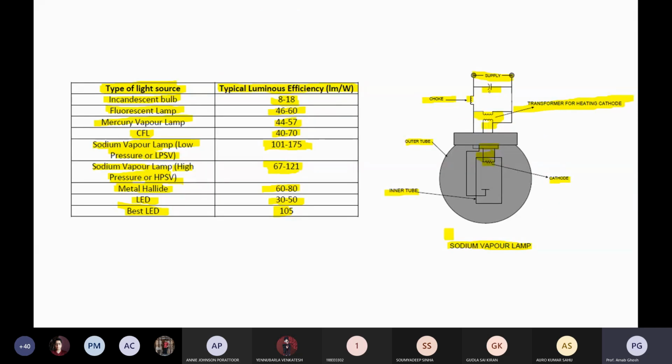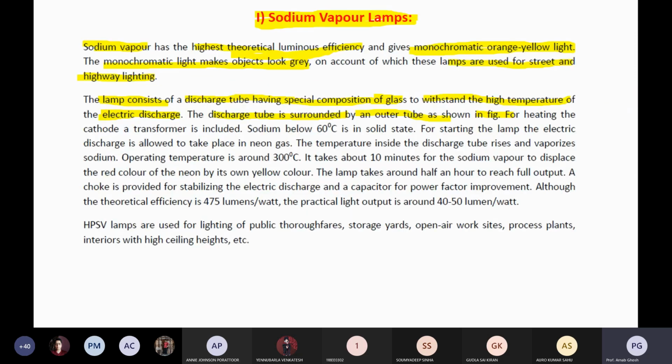For heating the cathode a transformer is included. Sodium below 60 degrees is in a solid state; at temperatures above 60 it is vaporized.